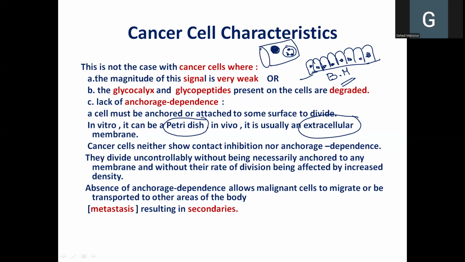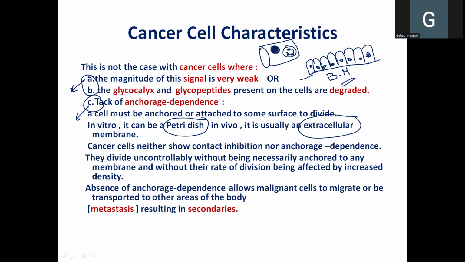So cancer cells do not show anchorage dependence and do not show contact inhibition. A and B tell you that they do not show contact inhibition, and C tells you that they do not show anchorage dependence. They are immortal.